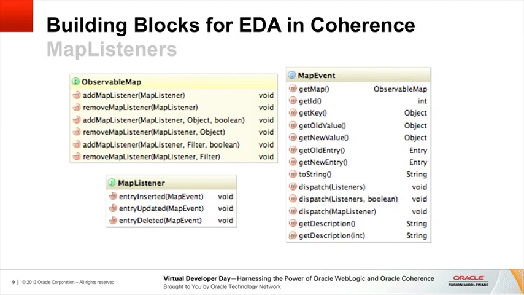And if you work with NamedCache or you're familiar with NamedCache, the NamedCache class implements the ObservableMap interface. The next is the MapListener interface. This is the interface that, as a developer, you'd implement to respond to those notifications as data is changed. And finally, there's the MapEvent class, which gives you information about the event and what happened.